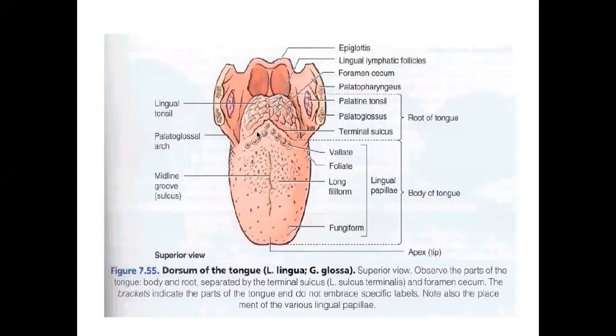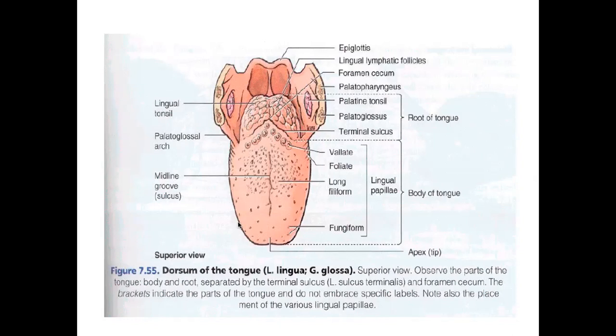On the dorsal surface, most of the tongue we can see is this region, which gives a velvety appearance, and it is present in front of the epiglottis, larynx and pharynx. Within the tongue we have various parts and regions. This is the anterior 2/3 of the tongue and the posterior 1/3 of the tongue.